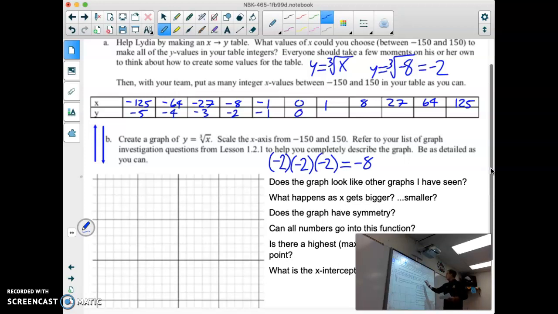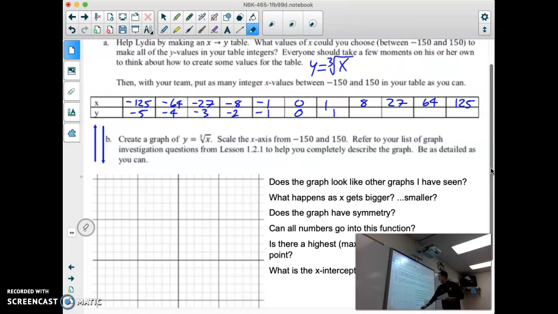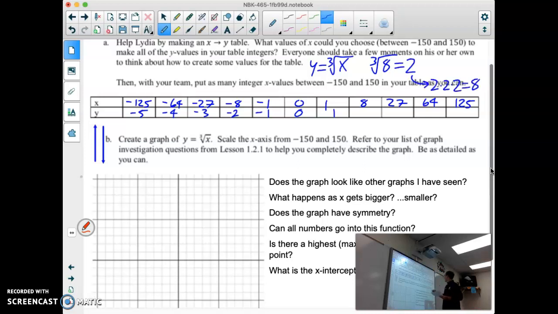If we have a 1 over here, these are going to be positive. The cube root of a positive 8 is just going to be equal to 2, because 2 times 2 times 2 is 8. So that is 2, we have 3, 4, and then 5.